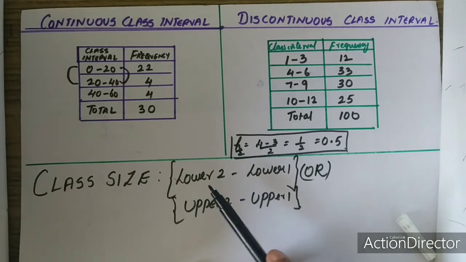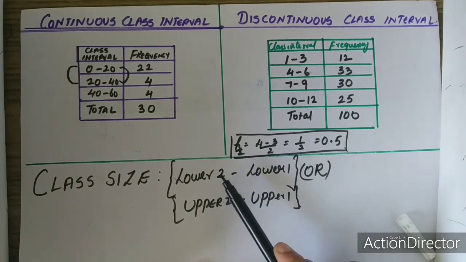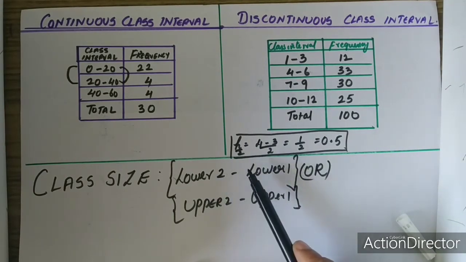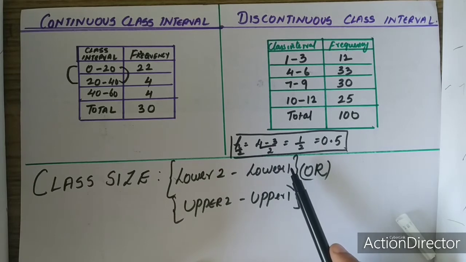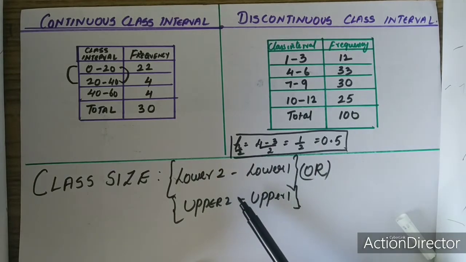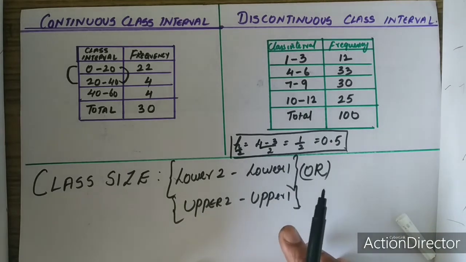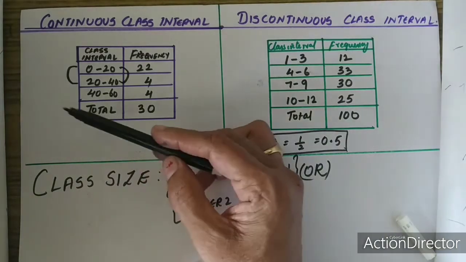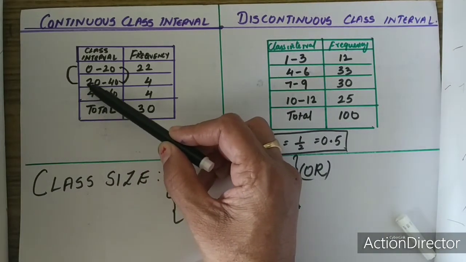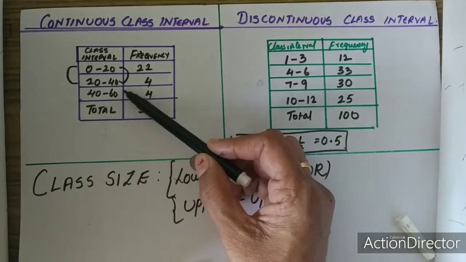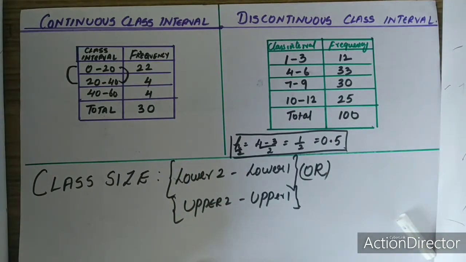So I have written lower 2 minus lower 1, that is, the lower limit of the second class interval minus the lower limit of the first class interval. Otherwise, the upper limit of the second class interval minus the upper limit of the first class interval. This gives you the class size. Hope you understood. And this is equal for all the class intervals. 40 minus 20 is 20 and 60 minus 40 is also 20.